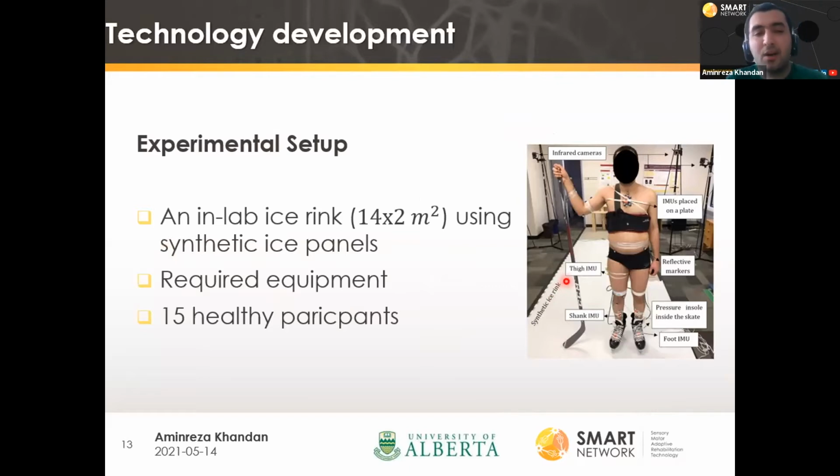We provided all the required equipment and recruited 15 healthy participants to skate for us. We placed our wearable IMU sensors on the thigh, shank, skate, and pelvis of the player. Also, we placed reflective markers on the anatomical landmarks, and we placed a pressure insole into the skate of the player.